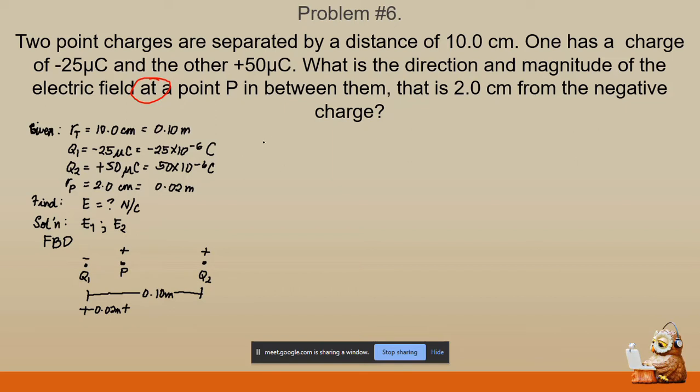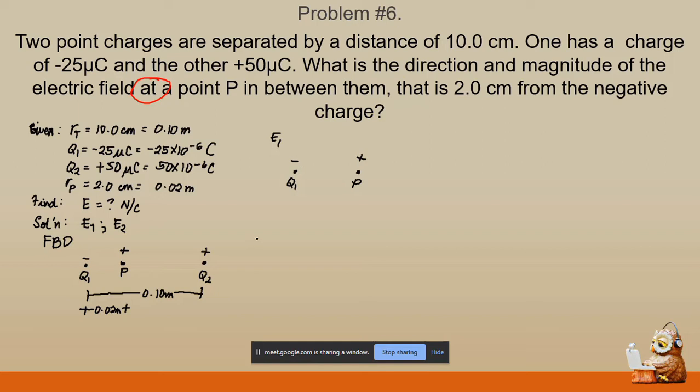Now, let me draw the free body diagram for our E sub 1. What are the particles involved? We have our Q sub 1 and our particle P. Let's just copy what is in the original diagram: here is Q sub 1 and here is particle P. Particle P is positive, and particle Q sub 1 is negative.